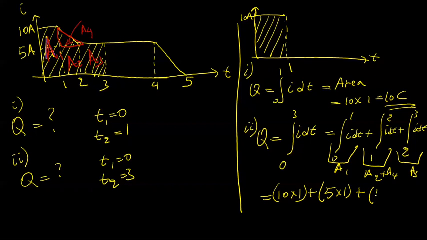A4 is half times base 1, height 5. Plus A3 is 5 times 1. If you add, this is 10, 15, 20, 22.5. So the total charge that will be stored between 0 and 3 seconds is 22.5 coulomb.